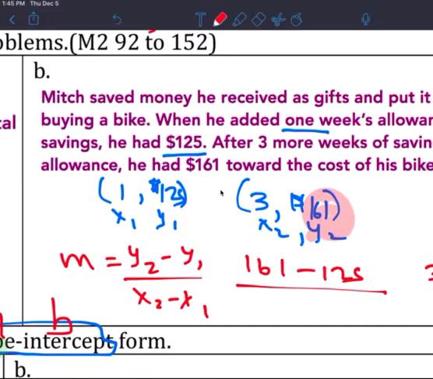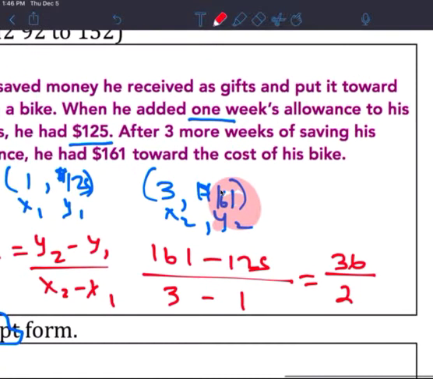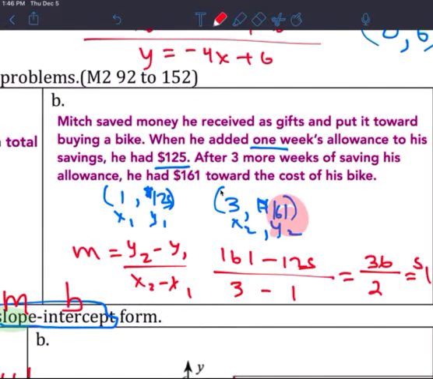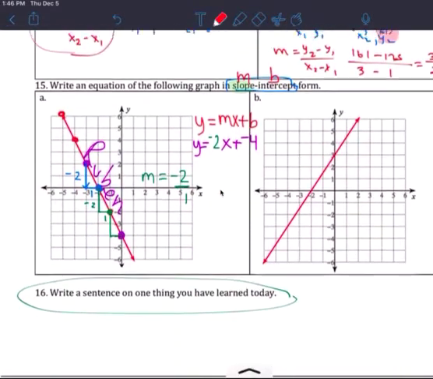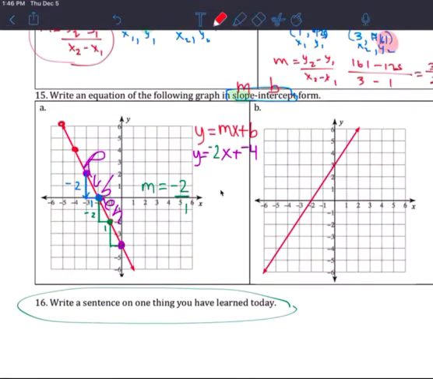Yes. Over x sub 2 is 3 minus 1, 2, which is equal to 18. So he's saving $18 every week. All right, B. Remember to write a sentence, one thing you learned.